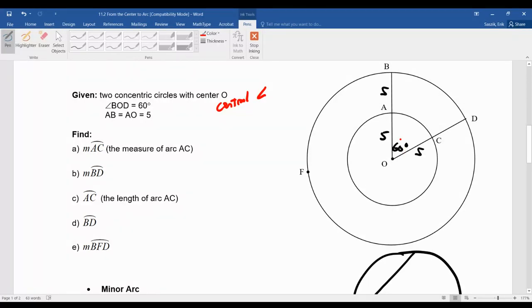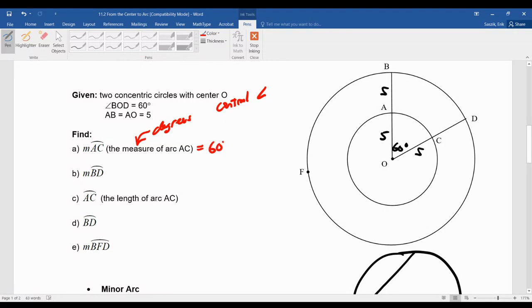Now, you all know that there's 360 degrees in a circle. So it doesn't matter how big that circle is, it's always 360. The central angle here will have the same measure as the degree measure of its corresponding arc. So this word measure here, it's talking about the measure of arc AC. When it says measure, it's talking about the degrees of the arc.